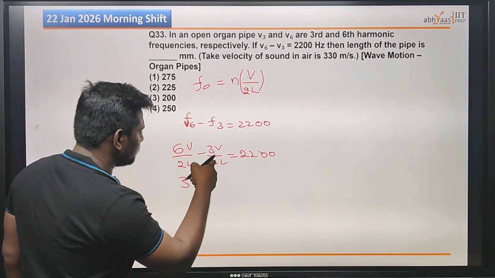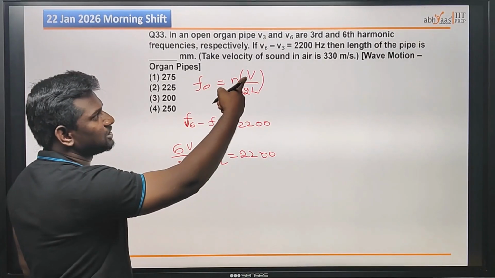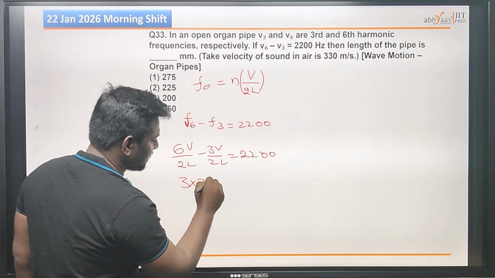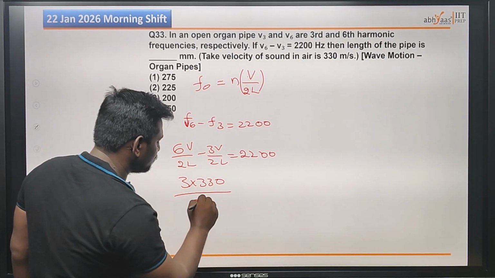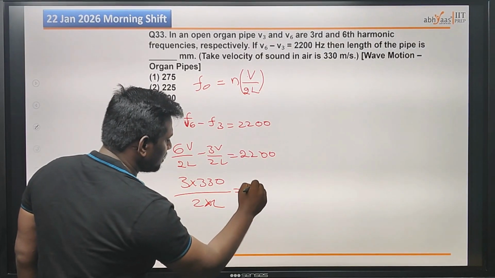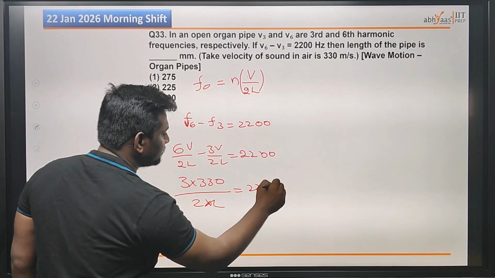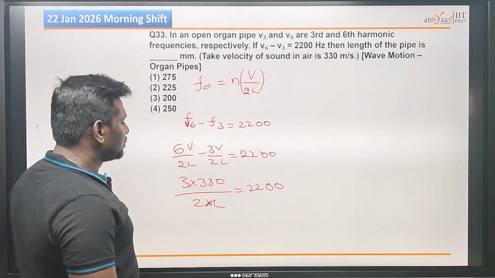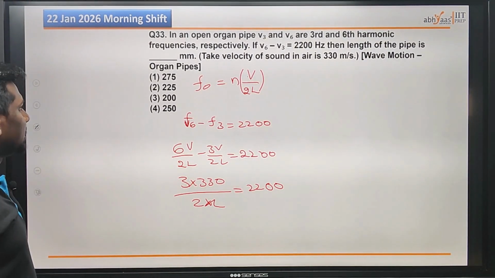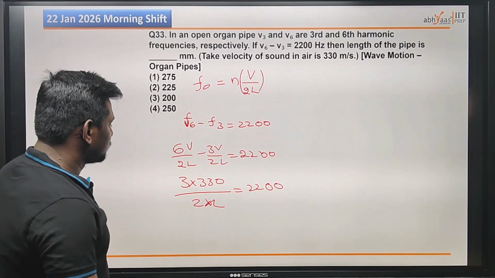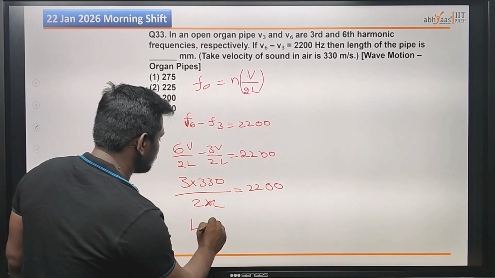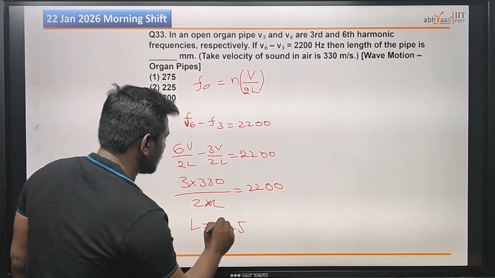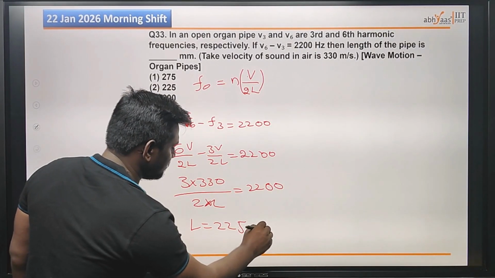So 3V by 2L, where V is 330 meter per second, by 2 into L, equals 2200. So if you observe here, the L value you will get is 225 millimeters.